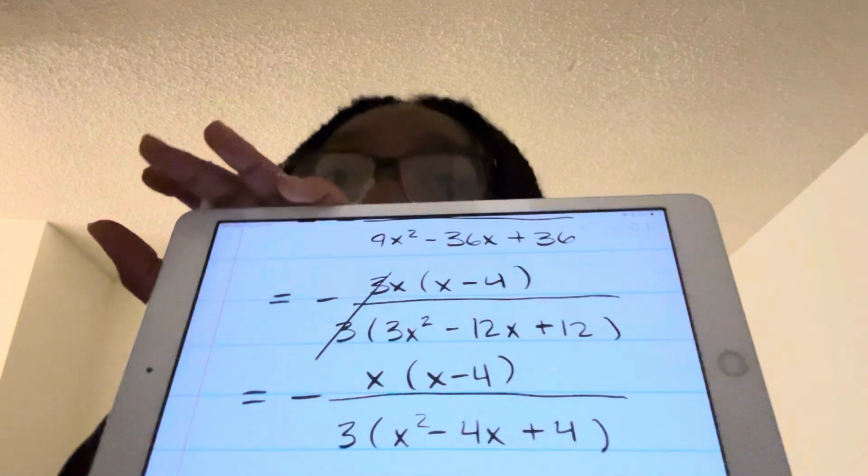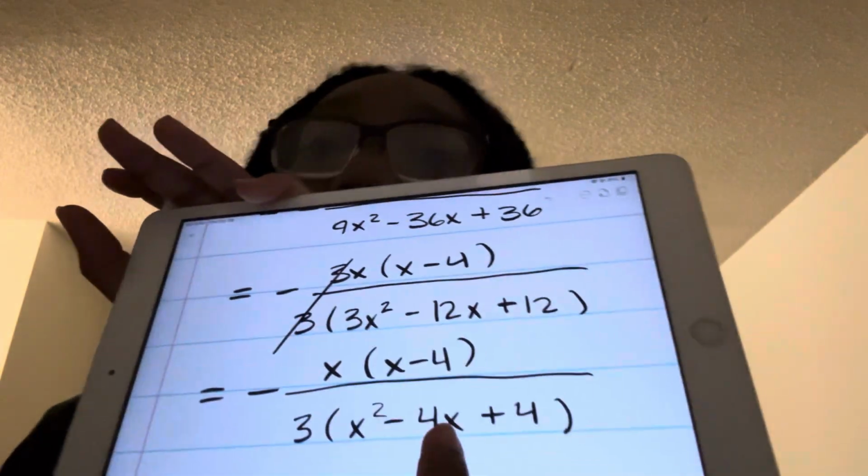In the denominator, I'm going to factor out 3 again. So it'll be 3 times x squared minus 4x plus 4. My bad. So that's where we're at. And then I can actually factor what's in the parentheses again. A lot of factoring.